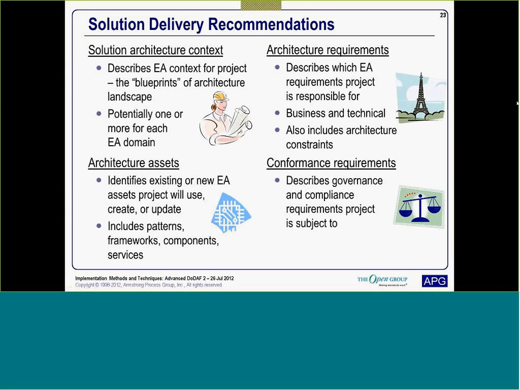So in particular, one of the key deliverables out of Phase G again are these solution delivery recommendations, and it really is a composition of 4 different types of content, particularly solution architecture context views. You think of these as architecture blueprints that have been narrowed to the context of the individual project and its solution.